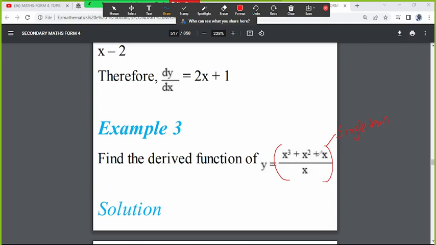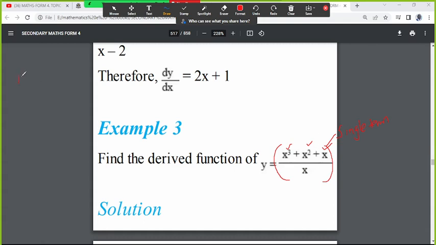The numerator might have some terms, but the moment everything has been expressed under a common denominator, it becomes a single term. So we cannot differentiate it the way it is.